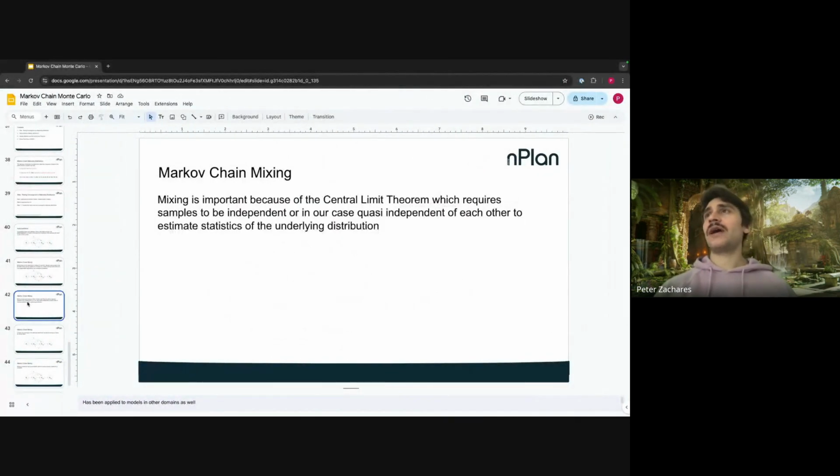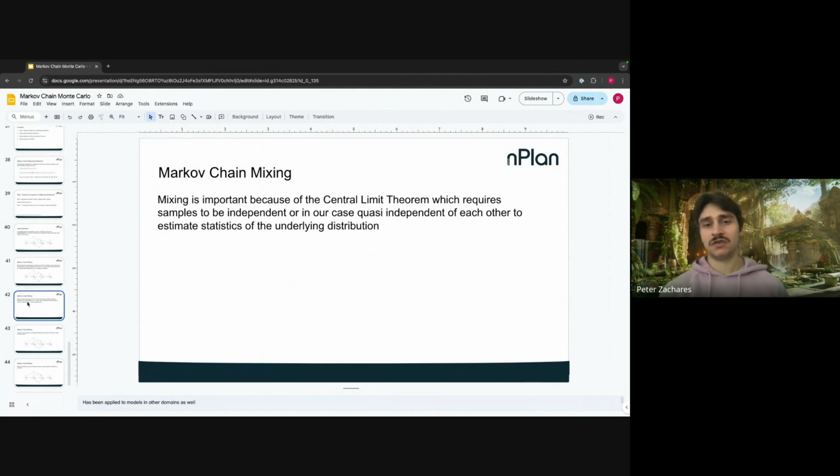So why is that important? Mixing is important because when we're trying to characterize a distribution using statistics, we rely on a lot of different theorems. One of the main ones is the central limit theorem, which we use for estimating the mean of the distribution. One of the main assumptions of the central limit theorem is that the samples have to be independent.